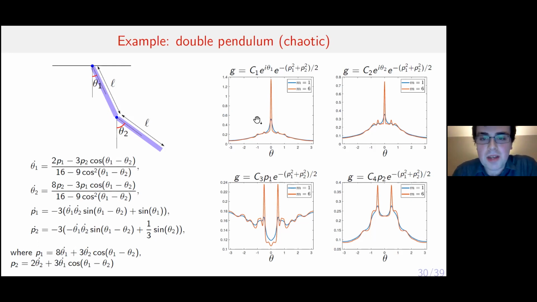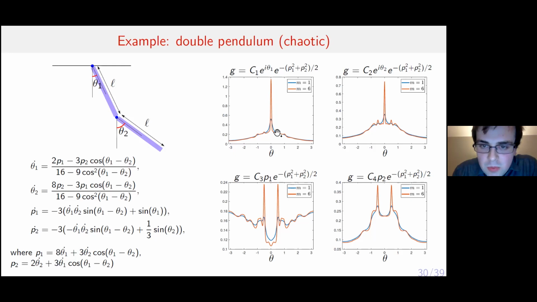And I'm going to compute spectral measures as before, but now with respect to four different observable functions. Okay, so you have the first Fourier mode of the first angle, similarly the first Fourier mode of the second angle. Okay, and you see these peaks around 0.